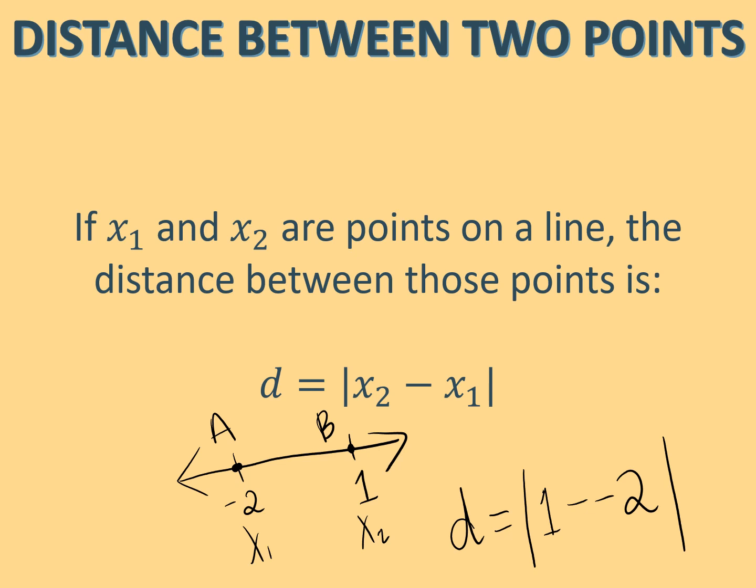Now the way absolute values work is you simplify the inside first. 1 minus a negative 2, that double negative turns into a positive. 1 plus 2 is 3. So absolute value of 3. The absolute value of 3 is just the distance that 3 is from 0 on the number line, and that is just 3. So the distance between those 2 points is 3.